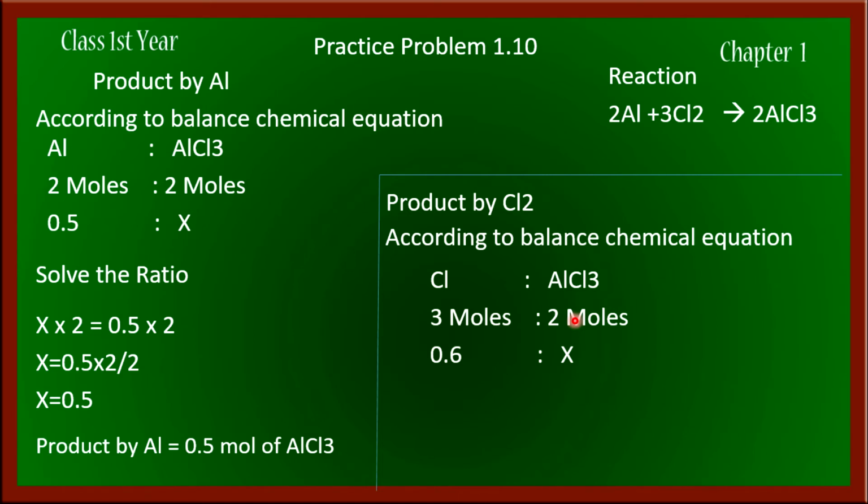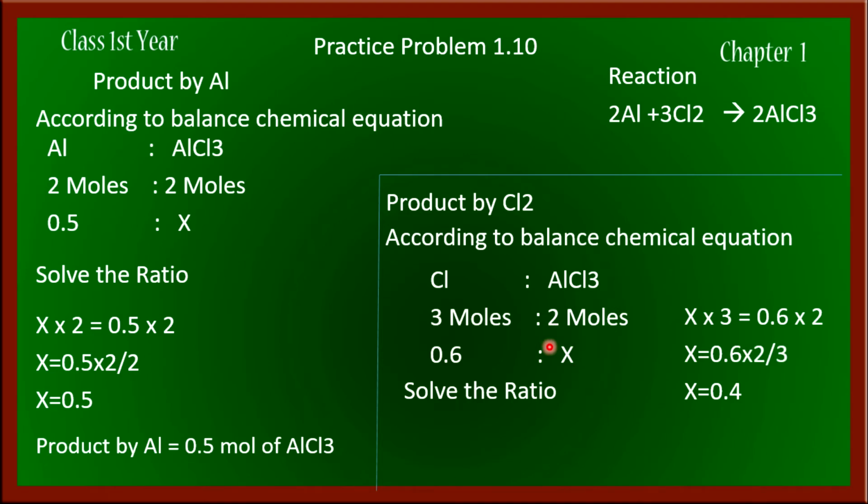Now the amount that was given to us was 0.6 moles of chlorine. So 0.6 moles of chlorine will produce how much aluminum chloride? Now you know how to solve the ratio. Cross multiply the things, you will get the product produced by chlorine is 0.4 mole.